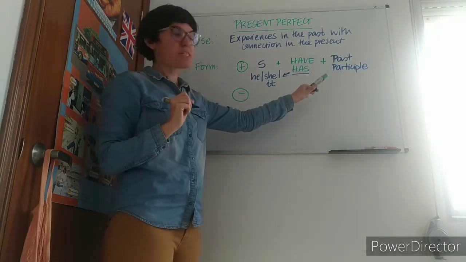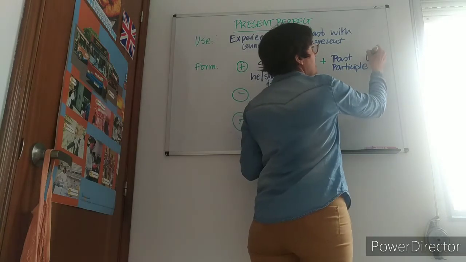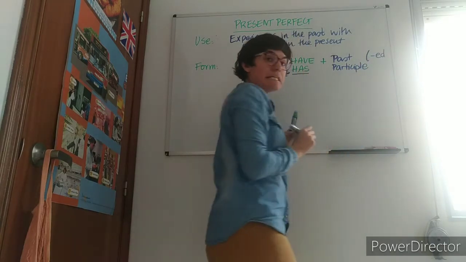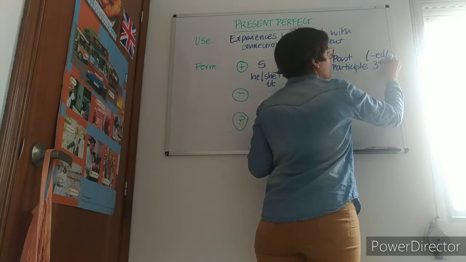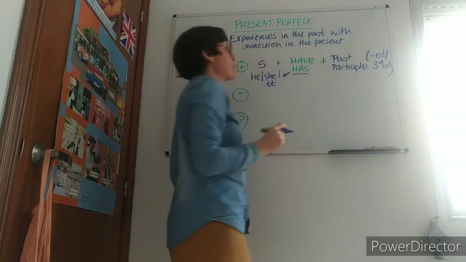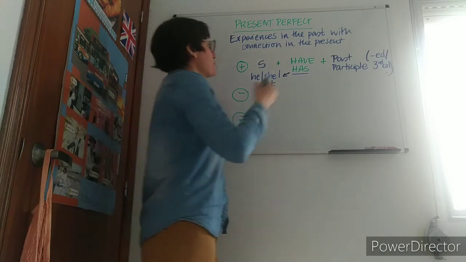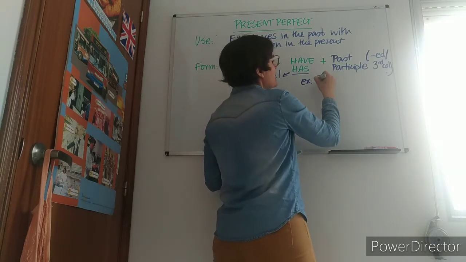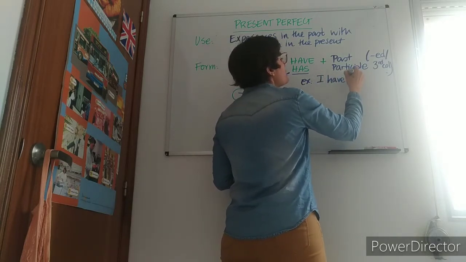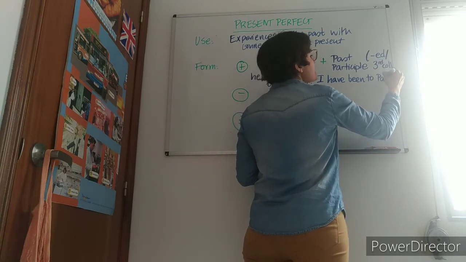What is the past participle? Remember, if it's a regular verb, we add -ed to the verb, and if it's irregular, it's the third column. Okay, this is the past participle. So, for example, one example: I have been to Paris.